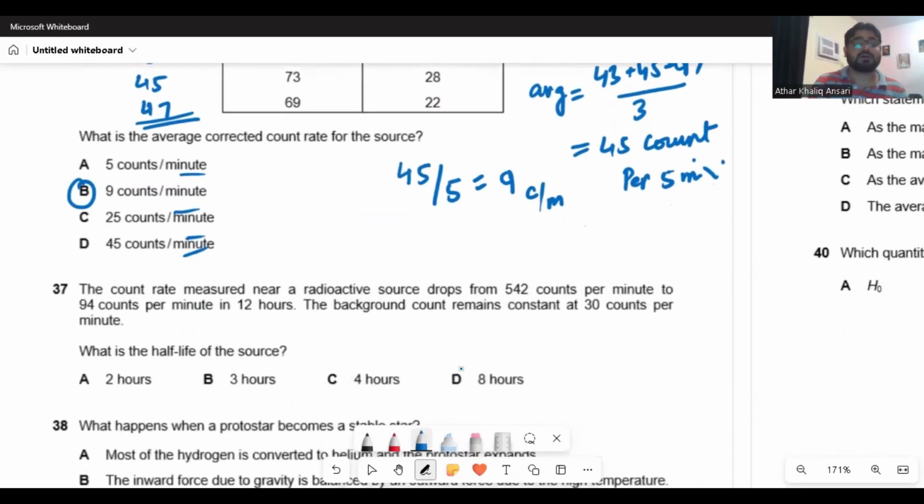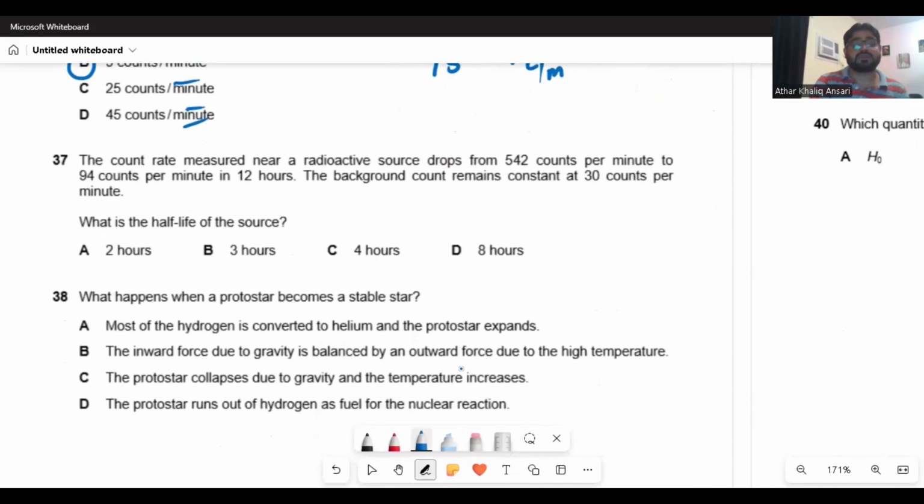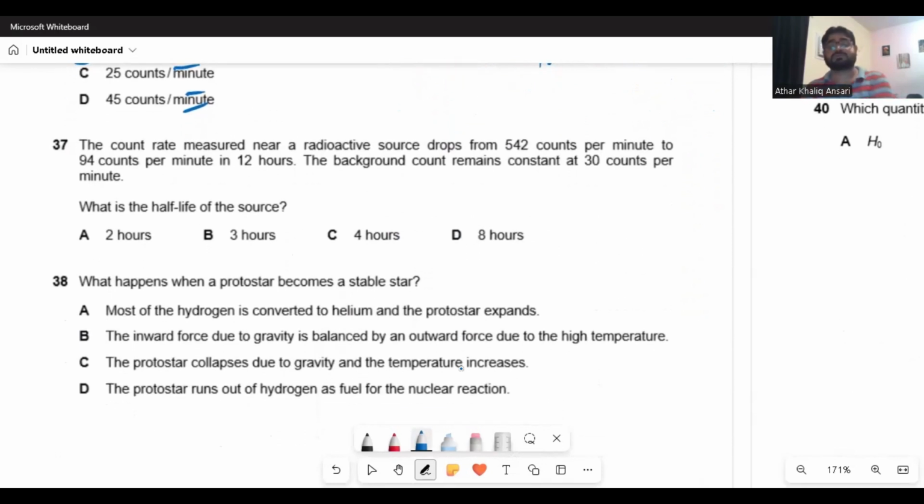We have a count rate measured by radioactive source that drops from 542 to 94 counts per minute in 12 hours. The background count rate is 30 counts per minute. It was 542, fell to 94. So 542 corrected will be 512, and 94 corrected will be 64.